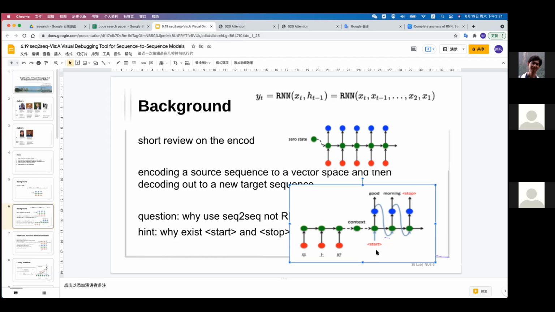You can claim that the sequence-to-sequence model is better than the RNN model, and he has asked the audience why. So is there any audience member or volunteer to answer this question? The hint is: why does there exist a start and stop? Okay, any volunteer to answer this question?